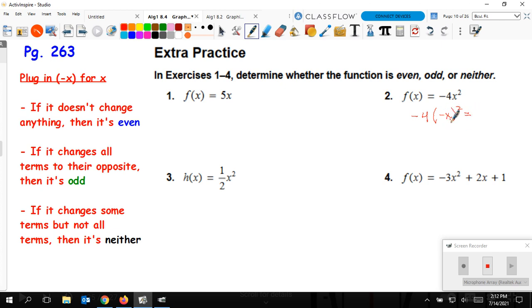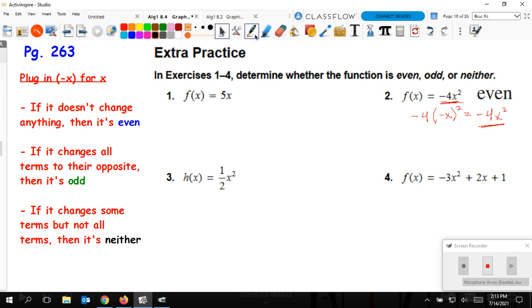A negative x times itself, negative times negative, would be positive, and we get negative 4 times x squared. As you can see, nothing changed. It's exactly the same as the original. If it doesn't change anything, then we would say that it's even. So that's an even function. Plugging in negative x doesn't change anything about that function.